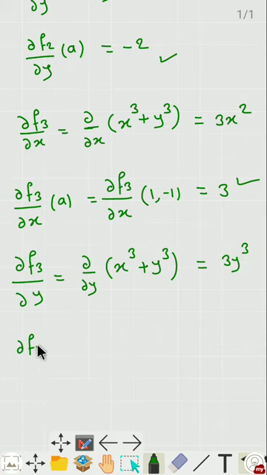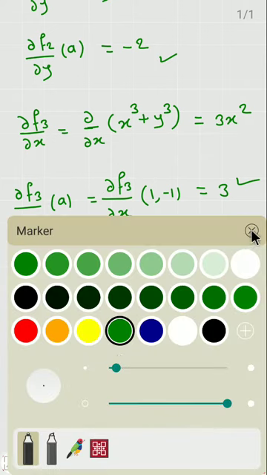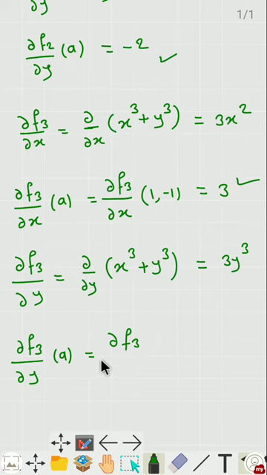We find the value of this partial derivative at point A. It is ∂f3/∂y at point (1, -1), and if I put y equal to -1 here, the value will be 3 only.